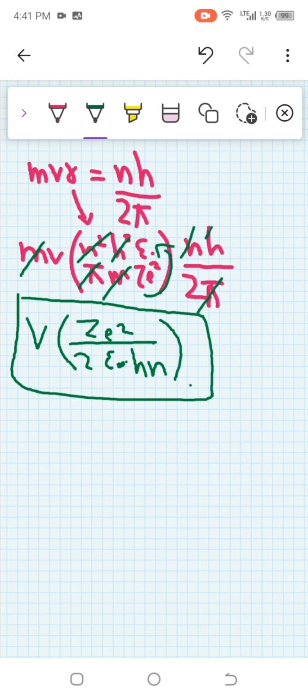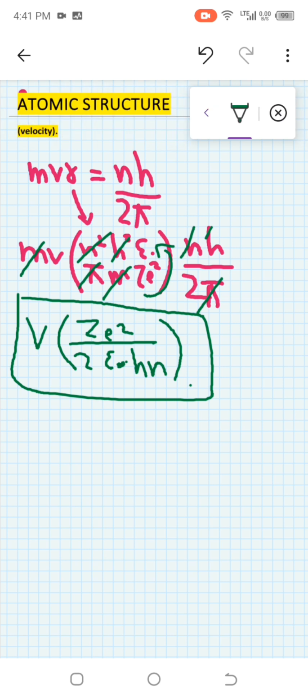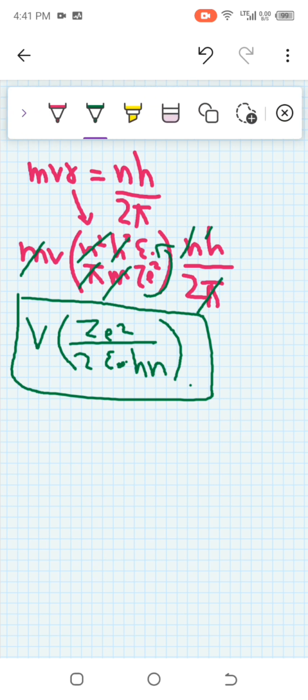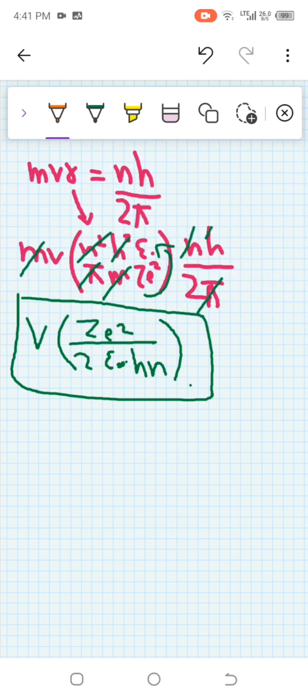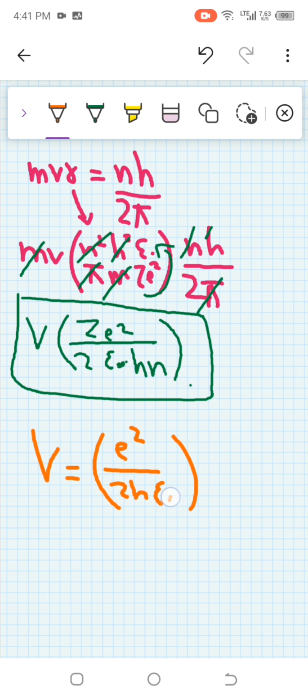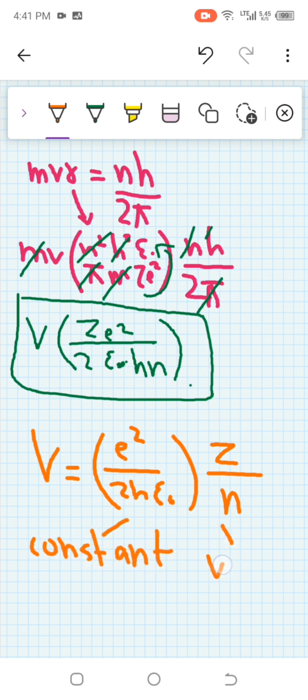After that, I can tell you a shortcut in an easy way, in 2 seconds, how you can easily find the formula: v is equal to e²/2ε₀h times Z/n. This part is the constant value, however Z and n are the variables.